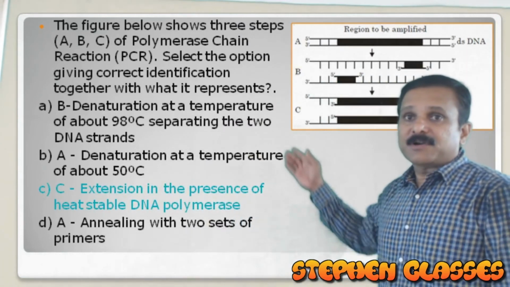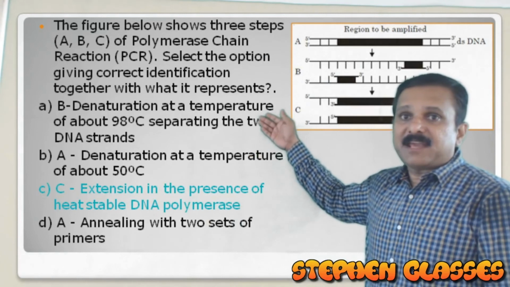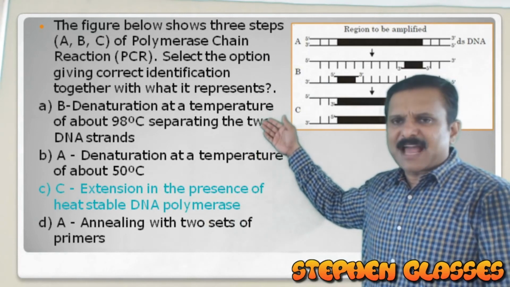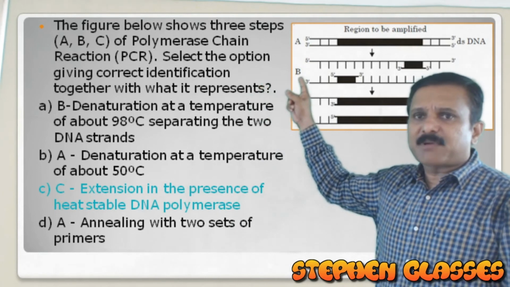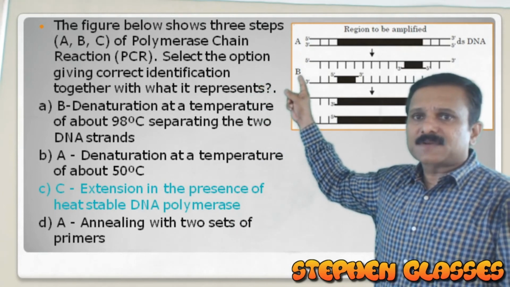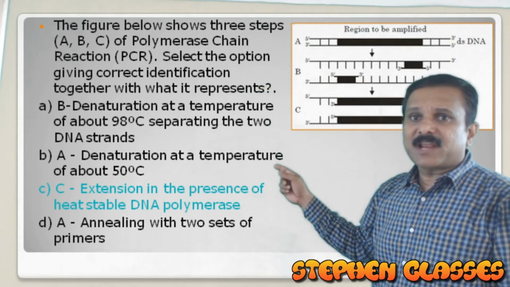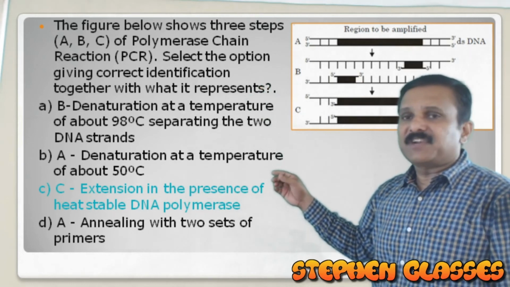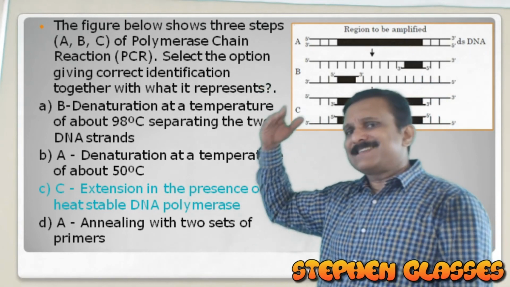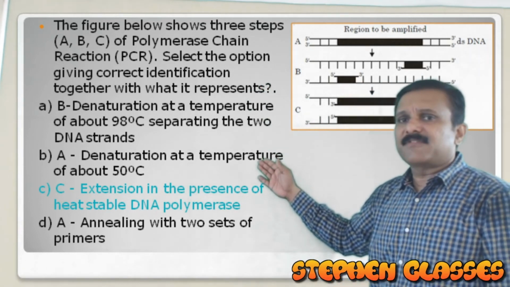Okay. What about option B? Is it B labeled as denaturation? Can you label B as denaturation? No. Here in this B portion, it is primer annealing. So it is wrong. What about A, denaturation at a temperature of 50 degrees Celsius? No, it is not 50 degrees Celsius. Above that, more than 80 degrees Celsius will be used for denaturation.